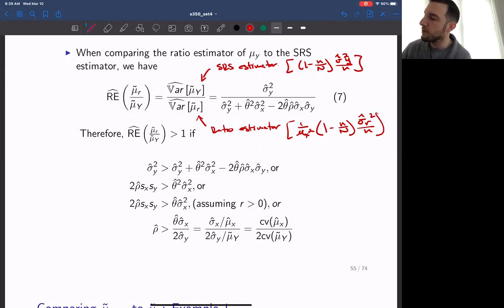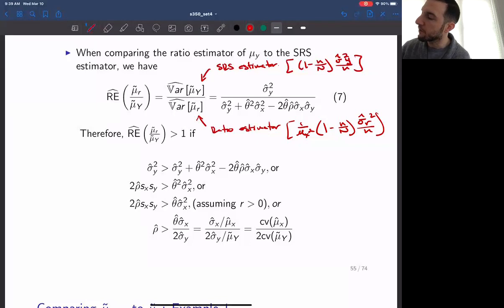In this case, we have the mu x squared. But if we do not know mu x squared, we can get an alternative expression for the relative efficiency of the ratio estimator to the SRS estimator, which is given in equation 7.